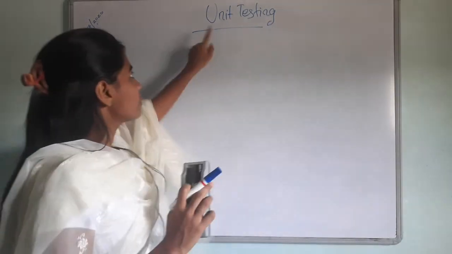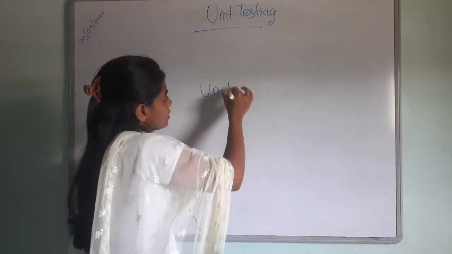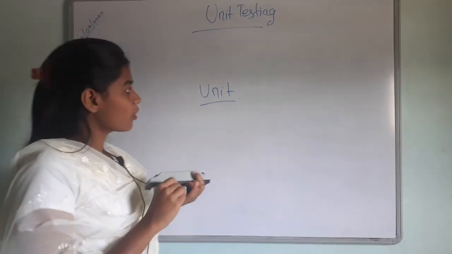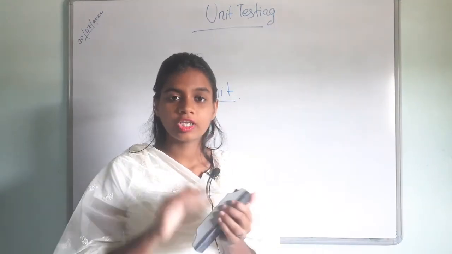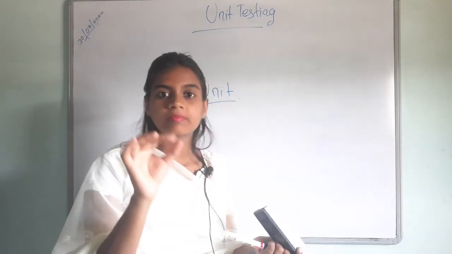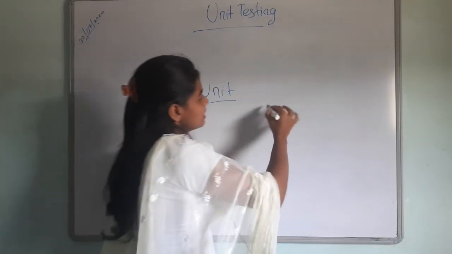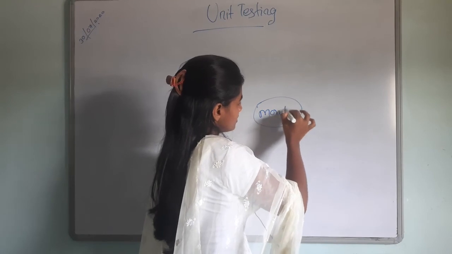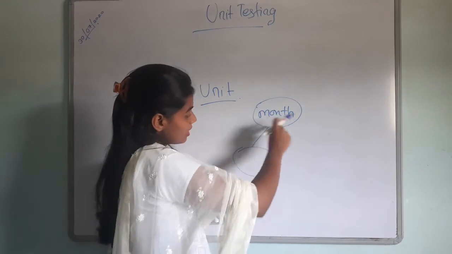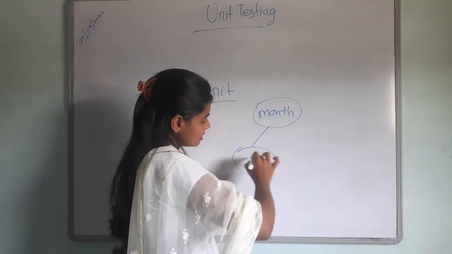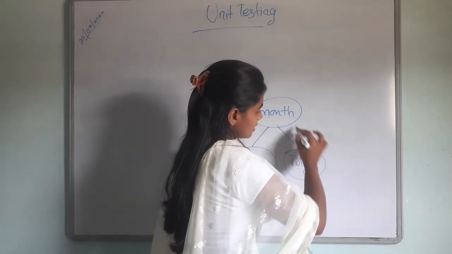Now, what is a unit? A unit is a small part, a small part of any individual component. A unit is a testable part of any software product. As a real-life example, take the months: in the software product, there are sub-products like June, July, December.